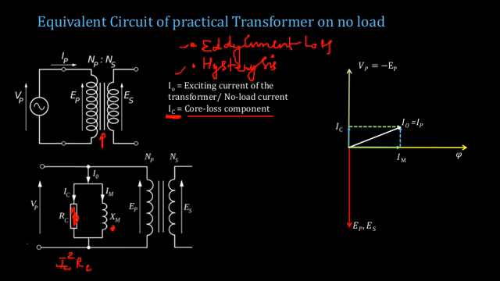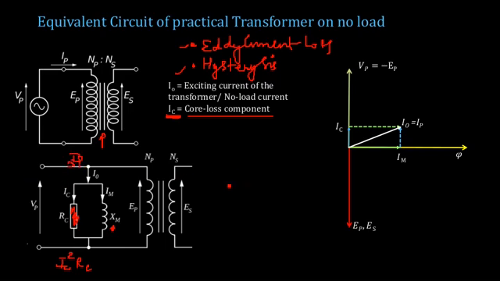Now we'll come to this phasor diagram. Here you can see that you'll have some I0 current flowing, and you'll have some IP flowing here.